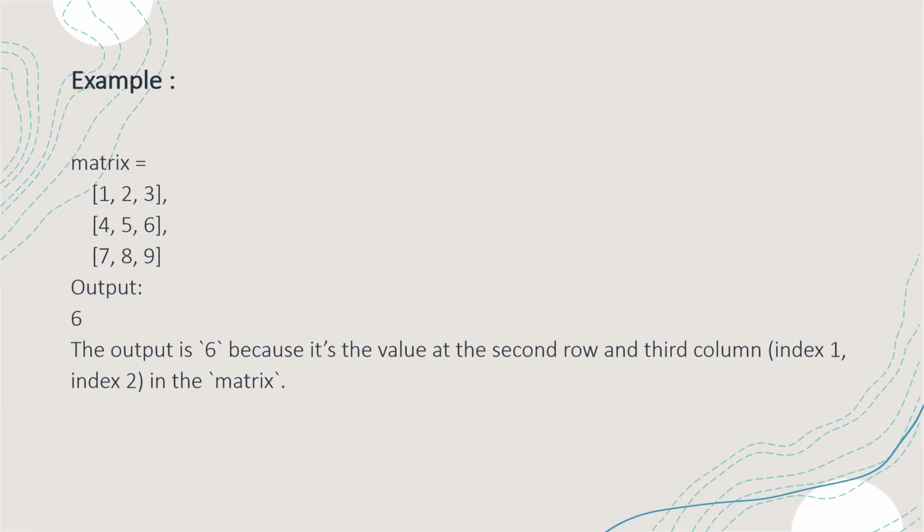Here we have given one matrix as an example. This is a 3 by 3 matrix, and the output is 6 because its value is in the second row. In the second row we have the 6, and in the third column we have the 6. So this is the example of a two-dimensional list.